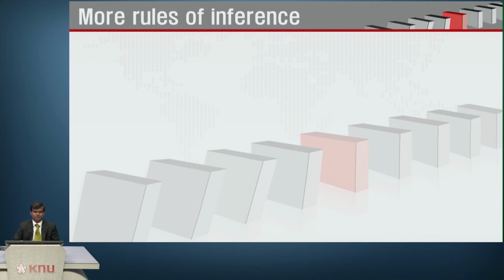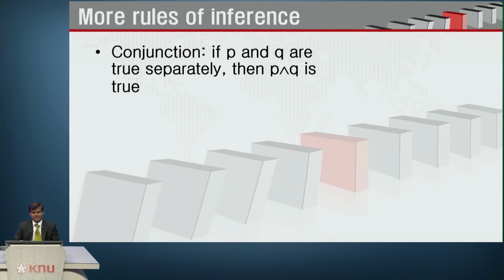Let's move on. More rules of inference are given to us. Conjunction. If P and Q are true separately, in other words, P is true and Q is true separately, then P and Q is true.